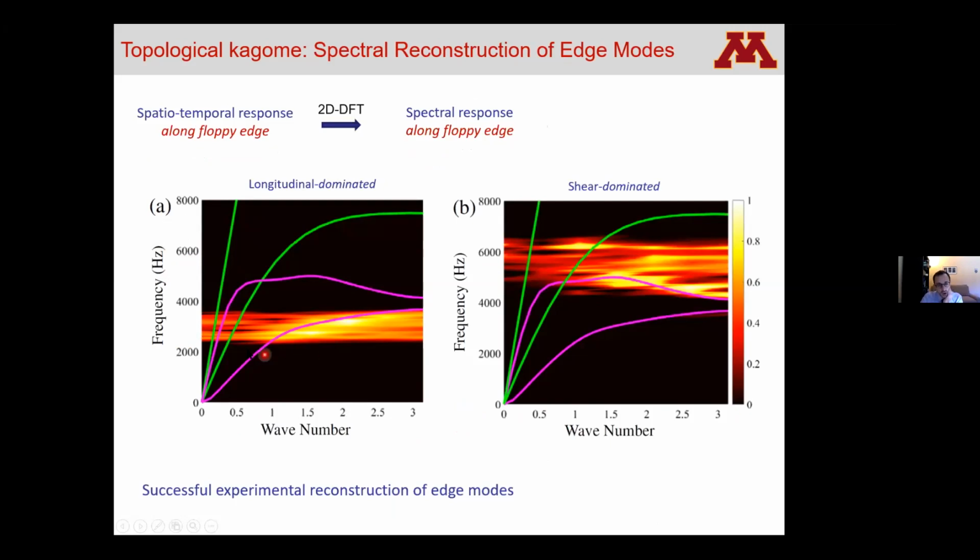And you see that the response measured along the edge produced this blob, which is this yellow region of high activation. And you see that this blob indeed sits quite precisely on the branch that we had previously computed from the supercell analysis, so the analysis of one strip.